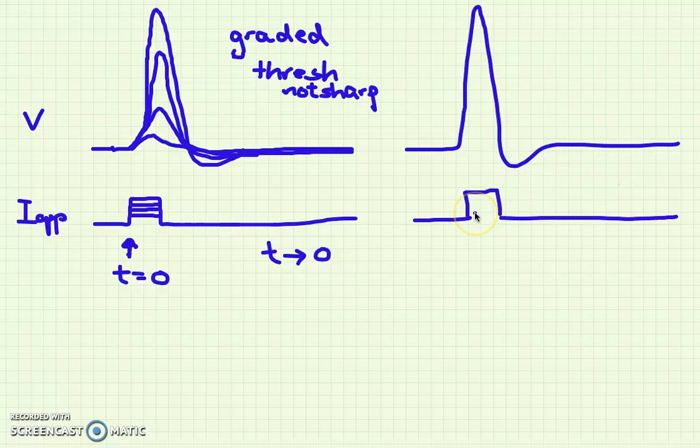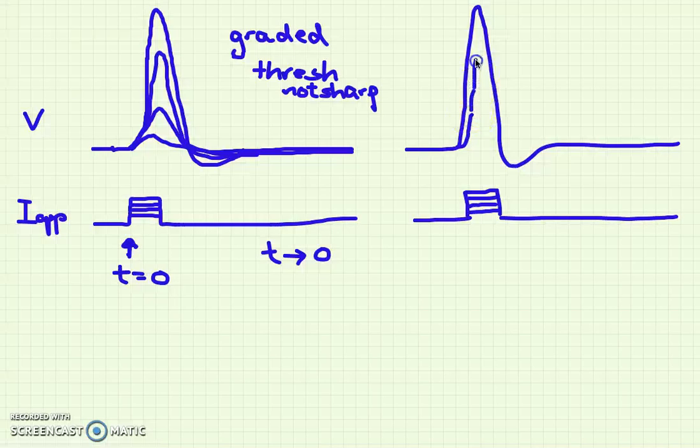But now in this case, when the maximum value of the applied current during the square pulse is decreased, you may find that the size of the action potential does not change dramatically at first. And instead, the action potential remains full-sized. And it might just peak a little bit later in time.